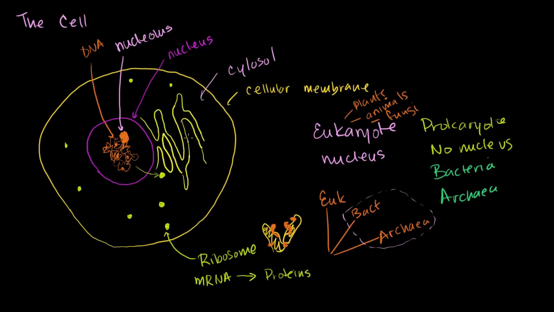So I'll do the endoplasmic reticulum in yellow, and I'll do the Golgi bodies in green, maybe, just like that. And I'll tell you in a second what they are. So this is kind of a big stack, or you can kind of view it as a bunch of folded membranes together. And some ribosomes are actually attached to this part, which I call the endoplasmic reticulum.